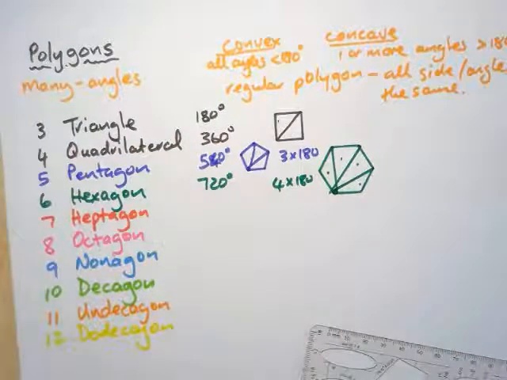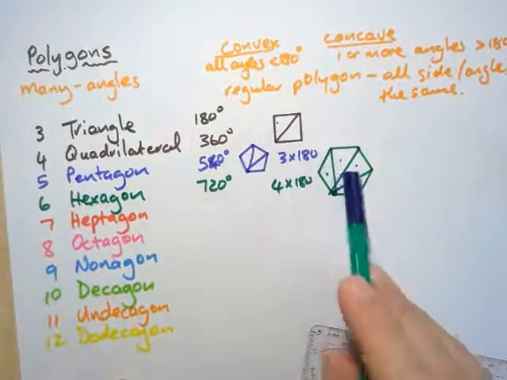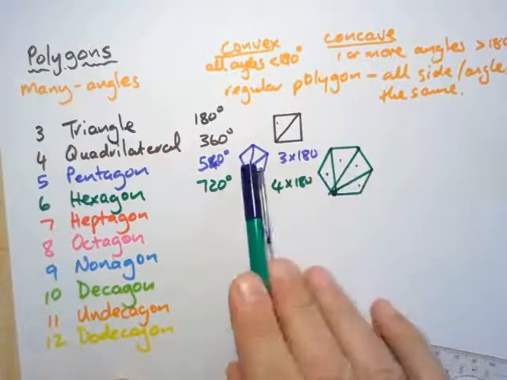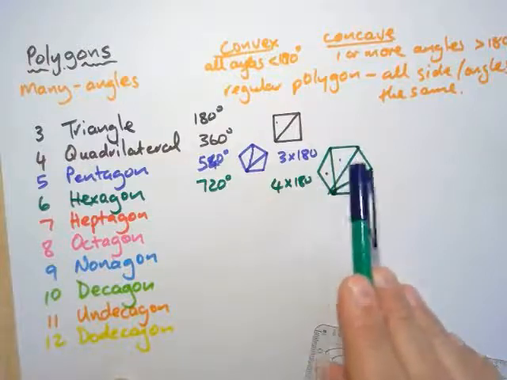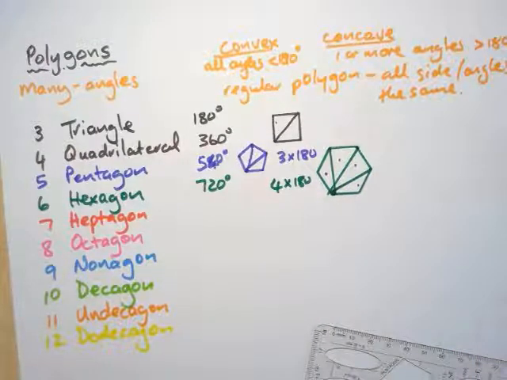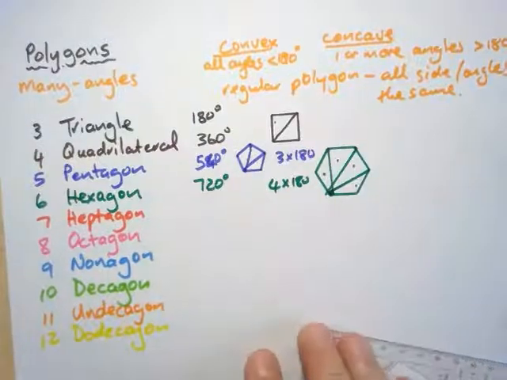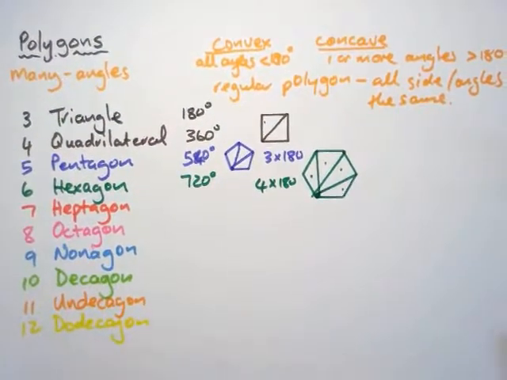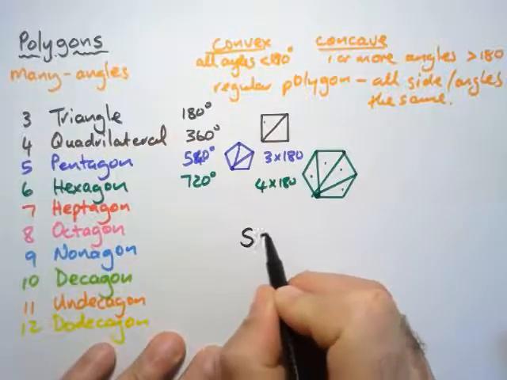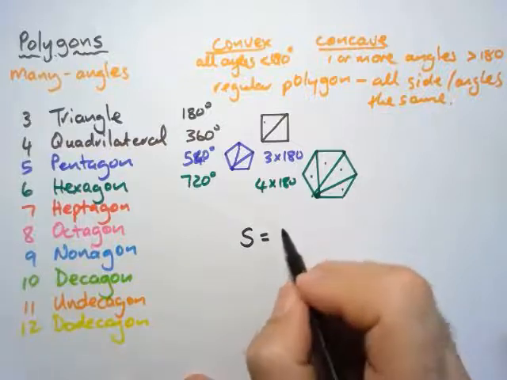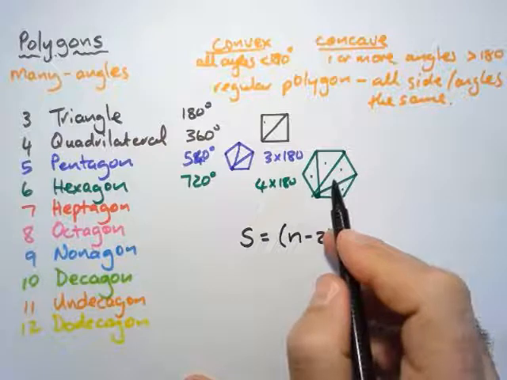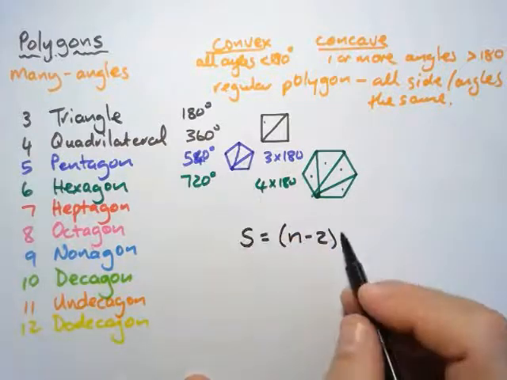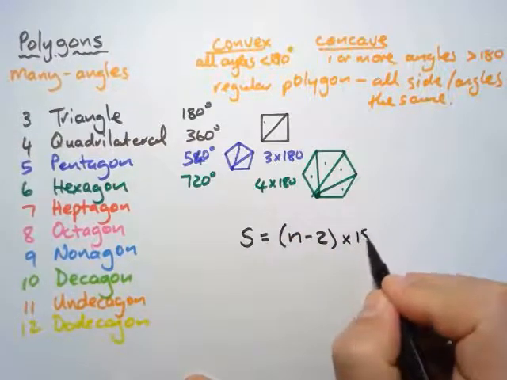So first of all, the easiest way is doing this. If you decide to do this in an exam, you have to draw those triangles and then say 4 times 180. If you don't do it this way, you need to learn the equation. The equation says that the sum of the angles equals however many sides there are, take away 2, because there are always 2 fewer triangles than sides, and I multiply that by 180.